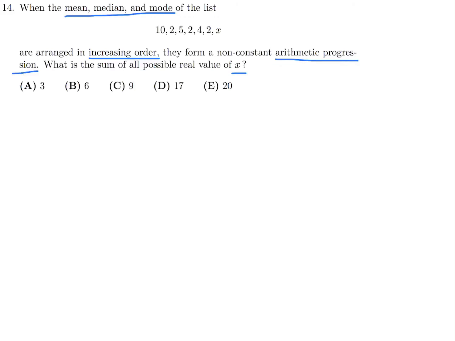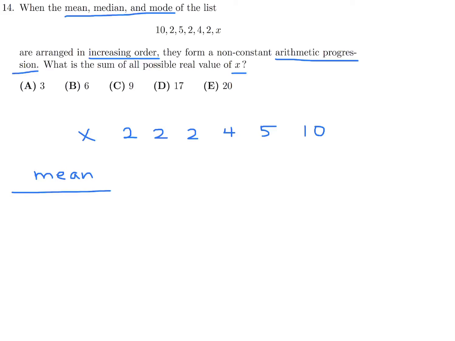So we have this list, and I'm going to arrange it in increasing order: 2, 2, 2, 4, 5, 10, and then we've got an x, and we don't know what x is. So first of all, what is the mean? The mean, of course, is just the values all added up divided by the number of values.